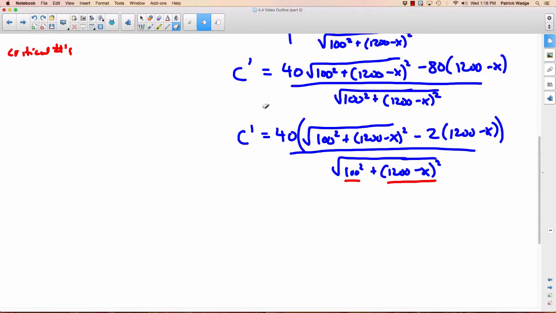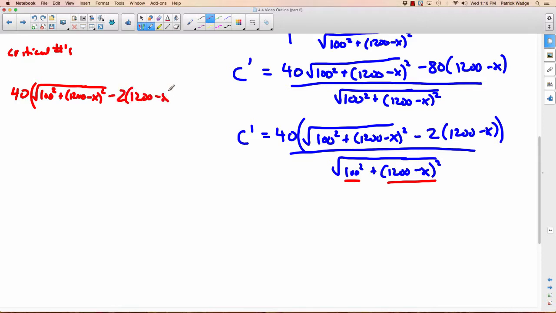All you need to worry about is when the derivative equals 0. When's the derivative going to equal 0? When the numerator equals 0. So you got to figure out when does 40 times the square root of 100 squared plus 1200 minus x all squared, minus 2 times 1200 minus x, equal 0?